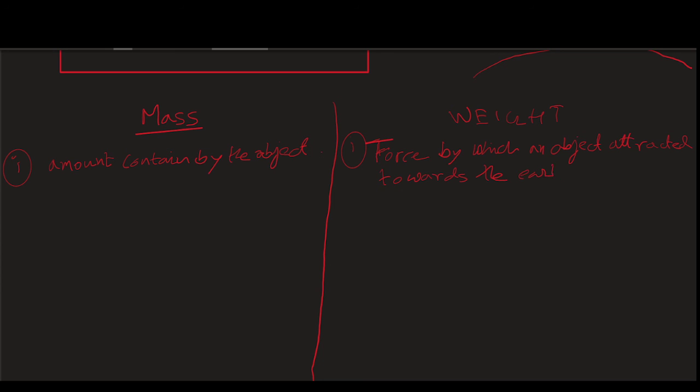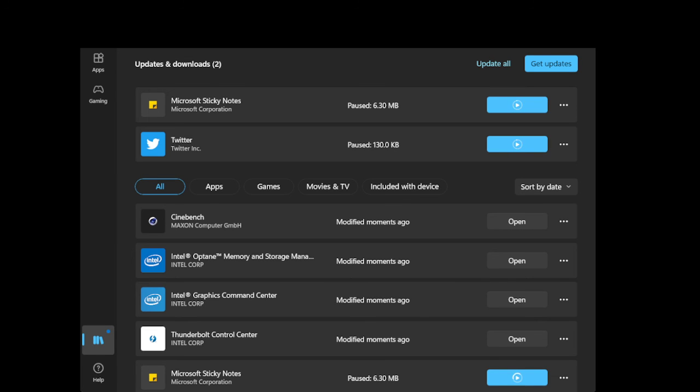Next one, if we represent mass as m, then weight will be equal to mg. Third one, SI unit of mass is kg, and SI unit of weight is always equal to the SI unit of force, that is Newton.